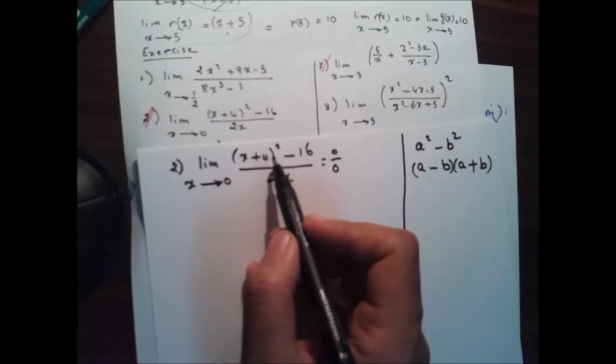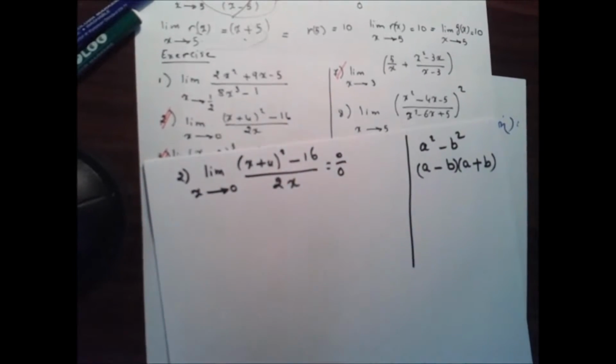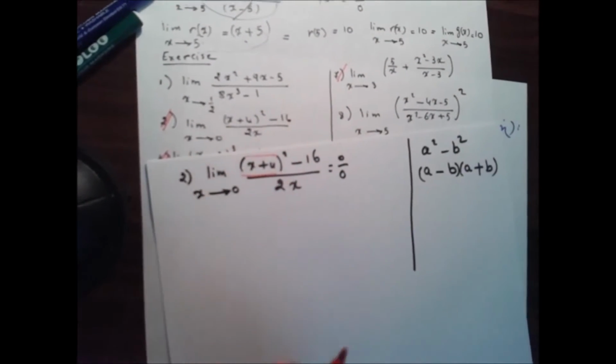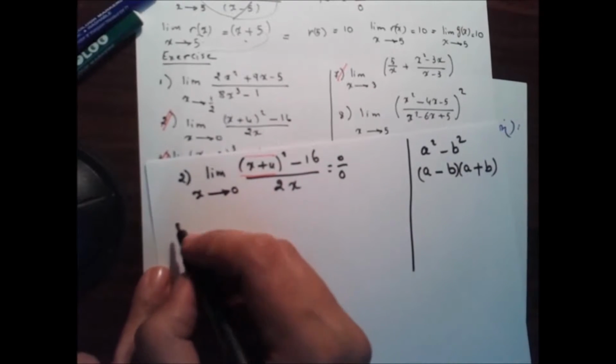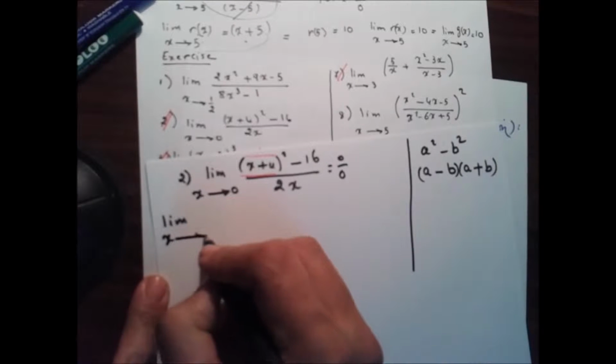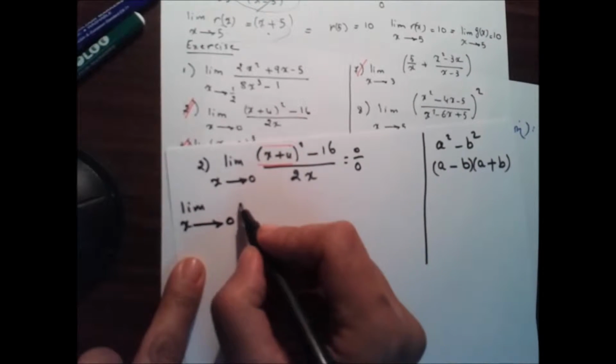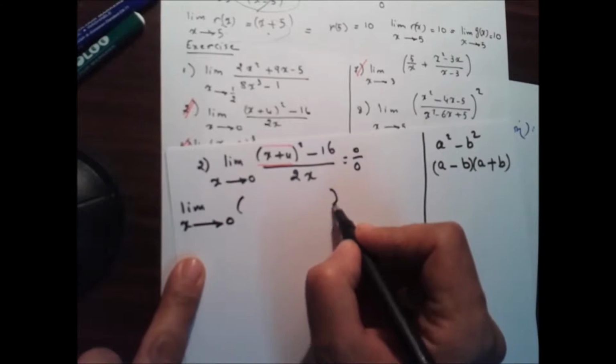Now we will do the same thing. We will work with this binomial as one block, as one term. So let's see how we factorize it. Limit as x tends to 0 of, we have two brackets.